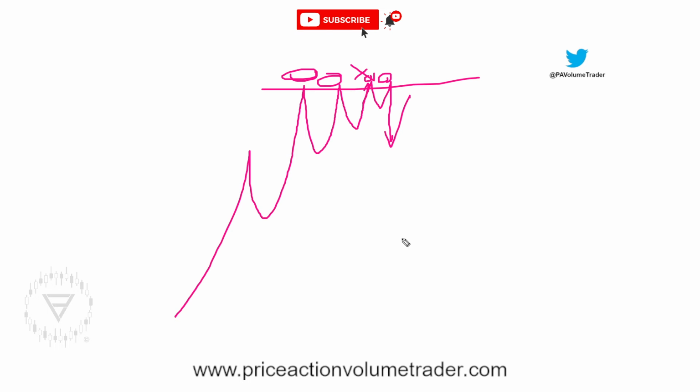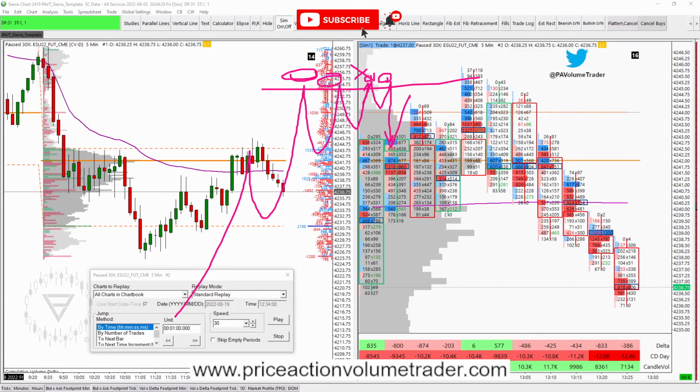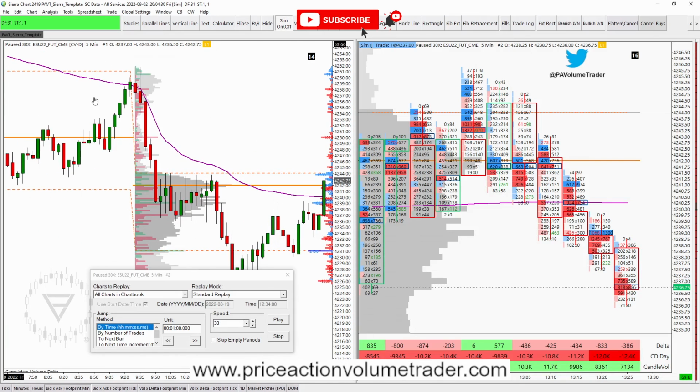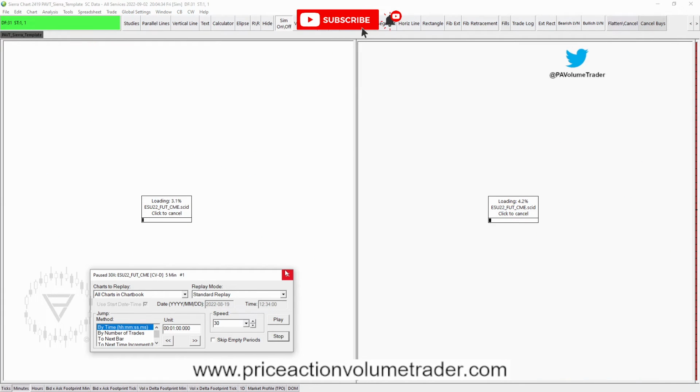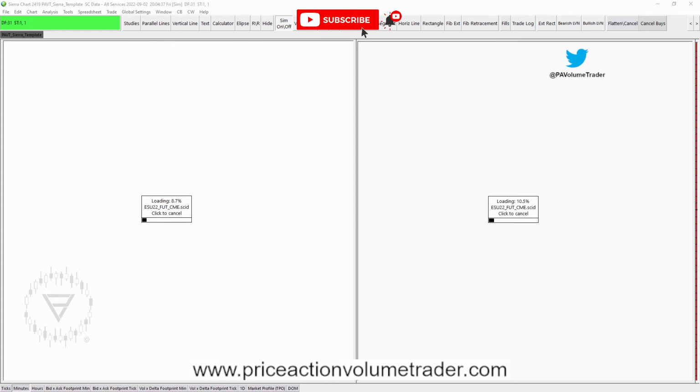Now, is it possible to break through absorption? Of course. It happens sometimes. Let me just stop the replay here. Sometimes on the chart you'll see a market coming up and getting stuck on a level, but let's say we're making an ascending triangle and eventually the market breaks through.